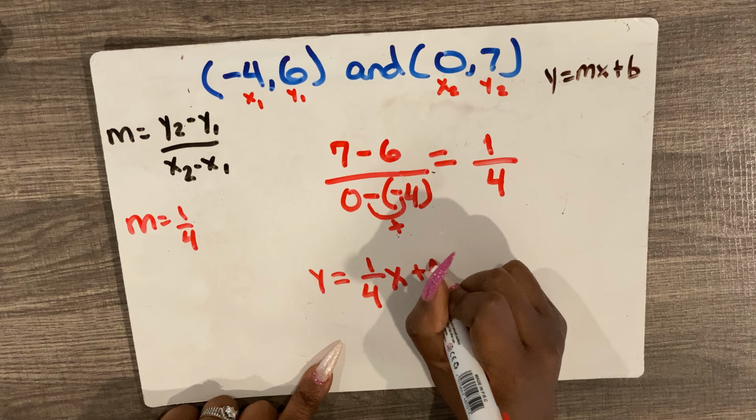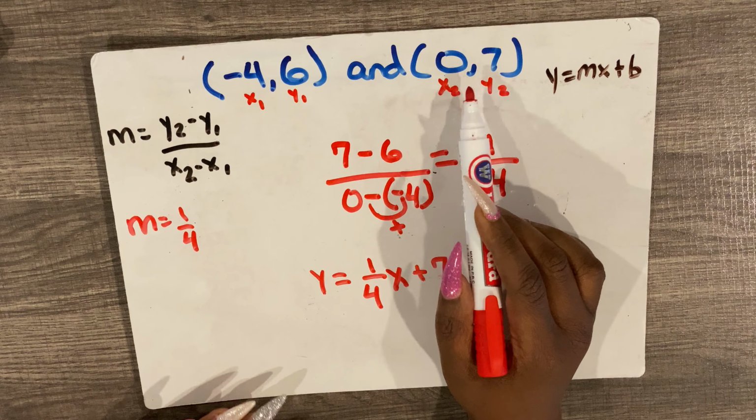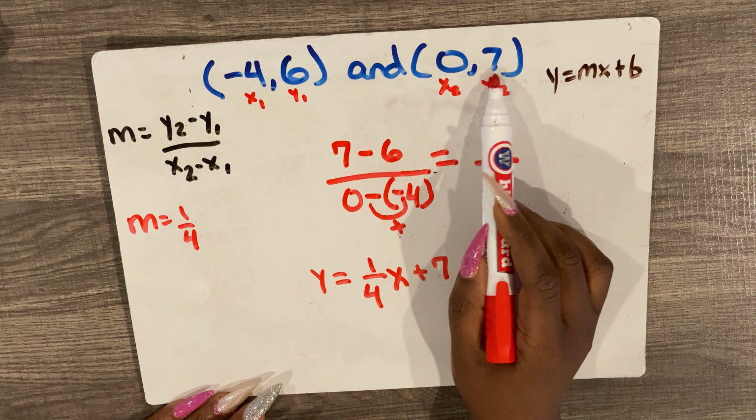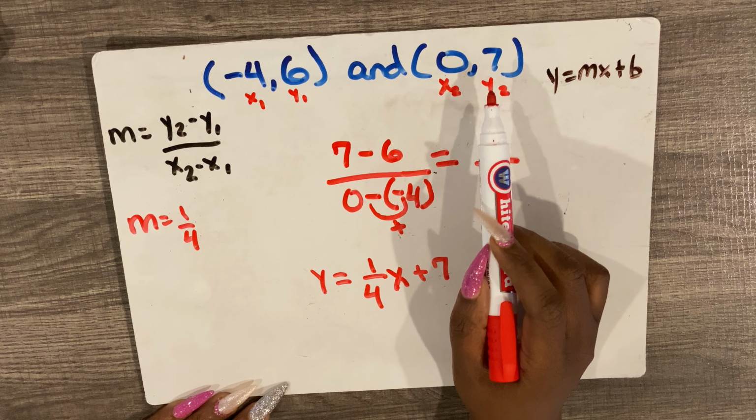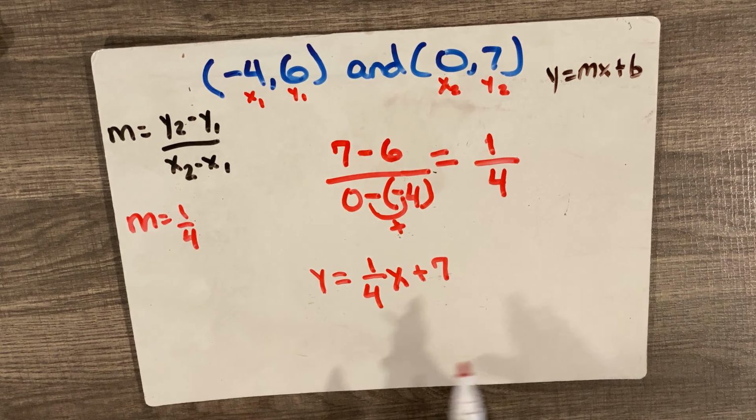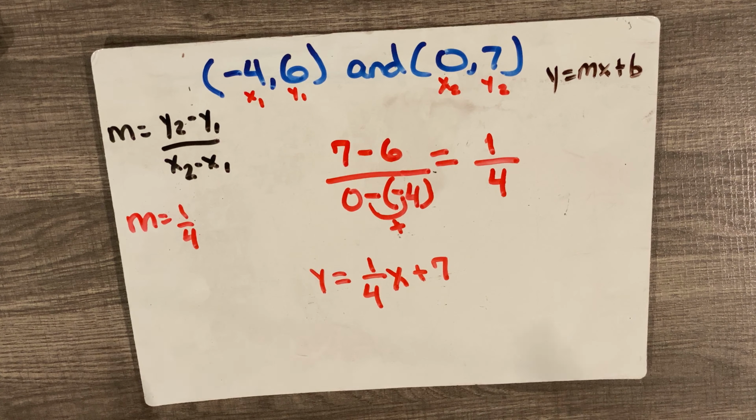So when x is 0, whatever this value is for y is going to be your y-intercept. So for this problem, this is my linear equation: y equals 1/4 x plus 7.